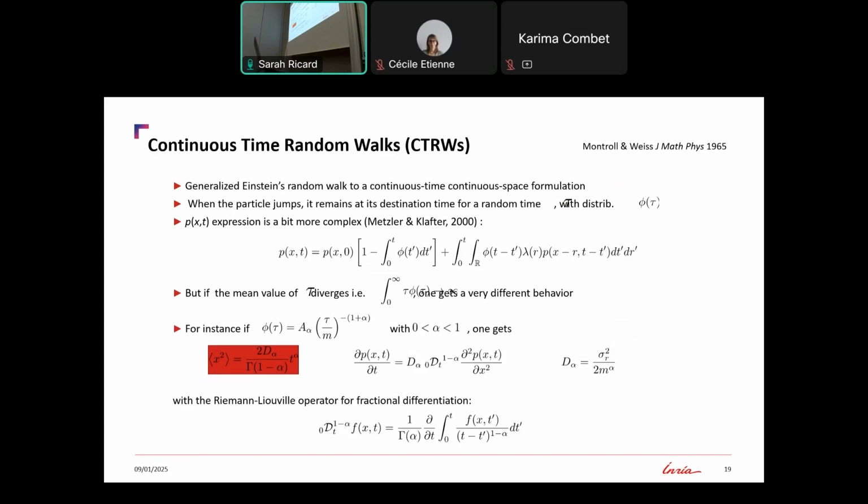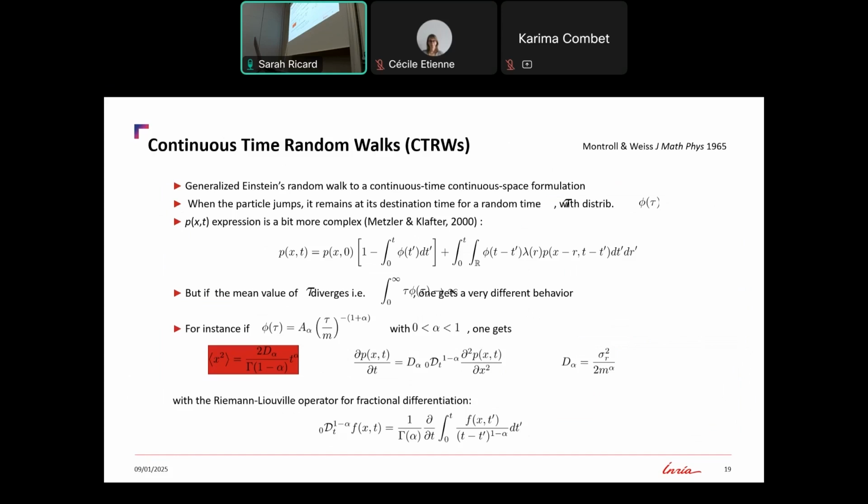So when the first moment of tau diverges, you can have something that looks like what you have experimentally. What does it mean? It's a random motion, except that each time you jump, you remain at the same position for a moment tau, and because it's power law distributed, you can have very long stays. So you have a random walk where sometimes you can stay at the same position for a very, very long amount of time. That's the difference between exponentially distributed and power law distributed. And in this case, you can deviate from Brownian motion.